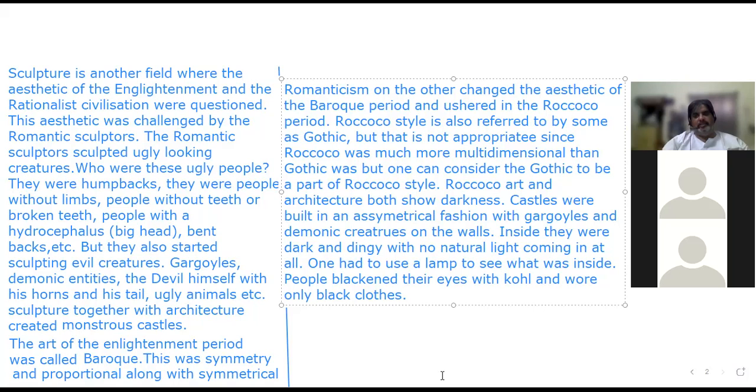So you will see that the Romantic period is cradled by two civilizations, by two enlightenments. One is the French Enlightenment, the other is the German Enlightenment. Just imagine a cradle in between these two.